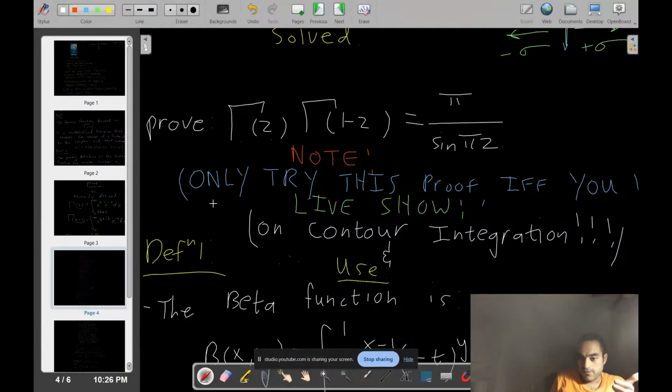Okay, this is the beta function. So you need to be equipped with that, and you need to be equipped with contour integration. Okay, even then it can be a bit challenging. Otherwise, don't attempt this problem here, proving gamma of z times gamma of 1 minus z equals pi over sine pi z. However, if you're a person who wants a challenge, go right ahead and do it. Okay.